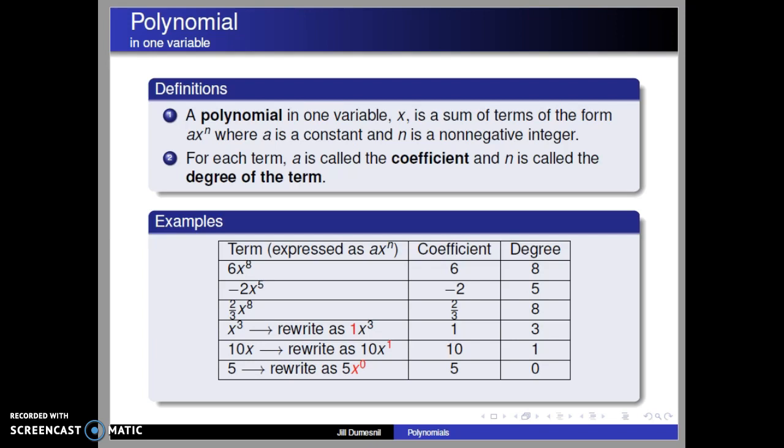X to the 3rd power, we want to rewrite as 1x to the 3rd power. That has coefficient 1 and degree 3. Notice a constant term, just 5, we rewrite as 5 times x to the 0, so the coefficient is 5 and the degree is 0.